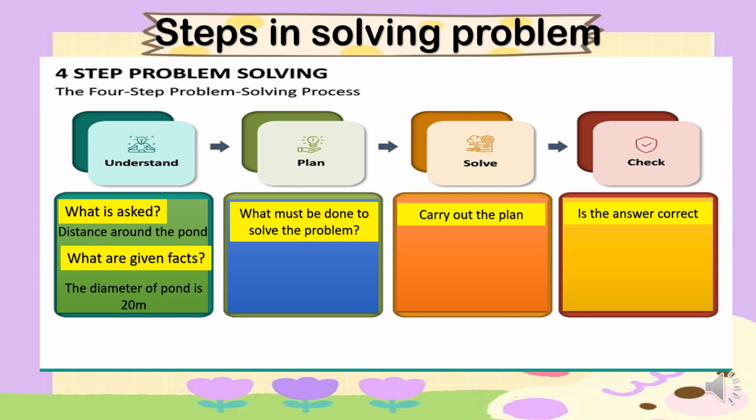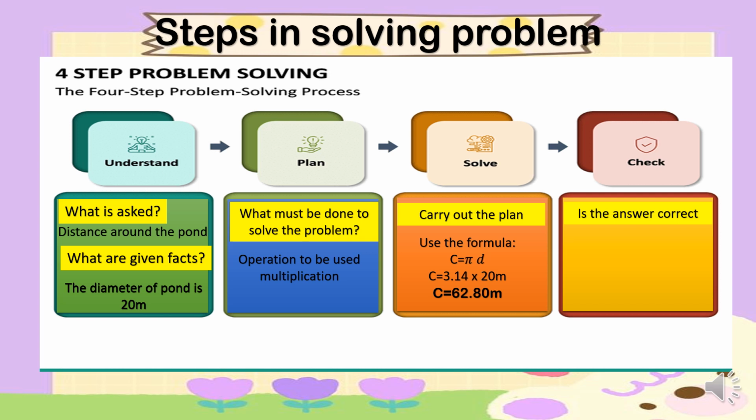So next, we have to plan what must be done to solve the problem. We have to know the operation to be used, and the operation to be used is multiplication. Now, we are about to carry out the plan, which is to solve. We can use the formula C equals pi D. So that is C equals 3.14 times 20 meters.